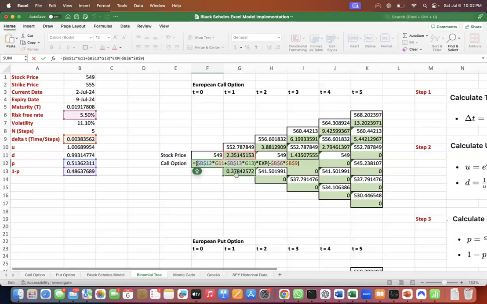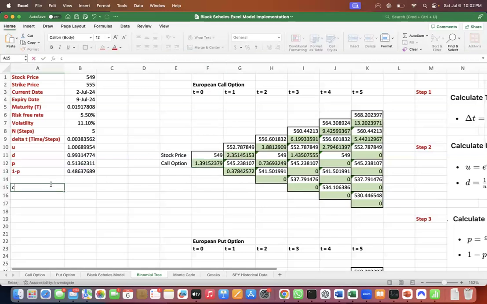Multiply the up price with P, the down price with 1 minus P, add them and discount it. Whatever price you get here is your final call option price, which is nothing but this value.